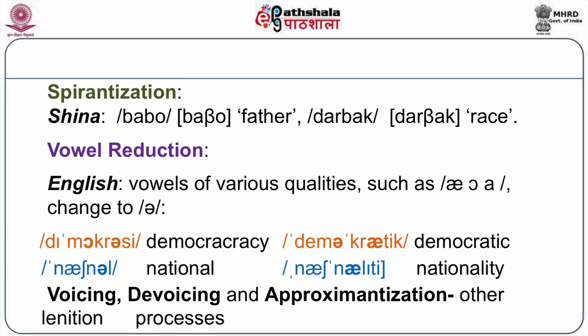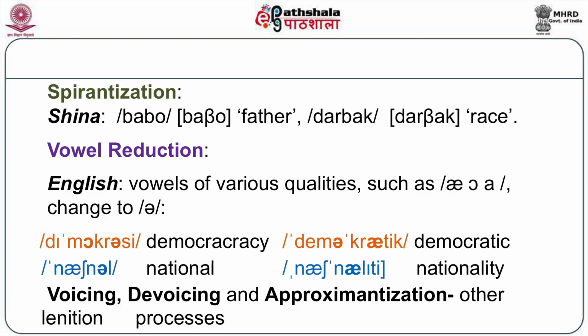A very commonly found phenomenon in world languages is the reduction of full vowels to a schwa. This takes place when a vowel is unstressed. For example, in English we notice this phenomenon occurring very commonly. In a word such as photo, if fo is stressed, we hear the full vowel.